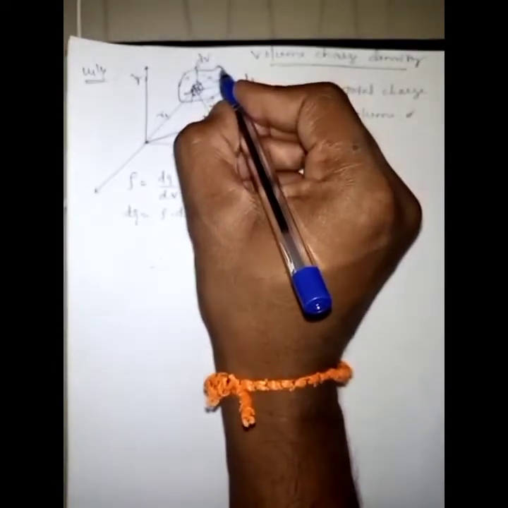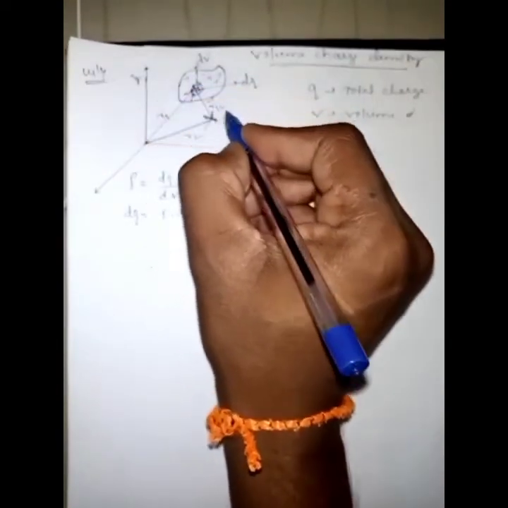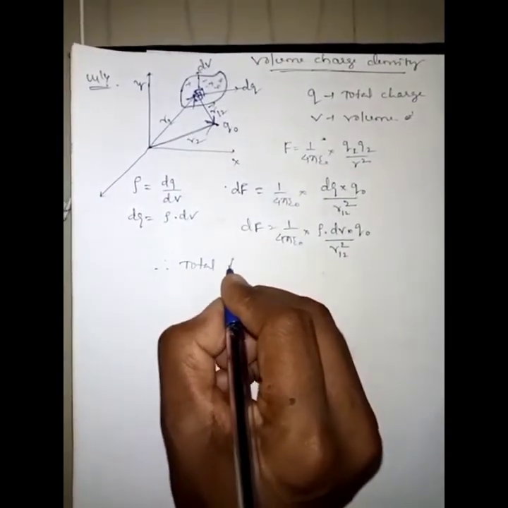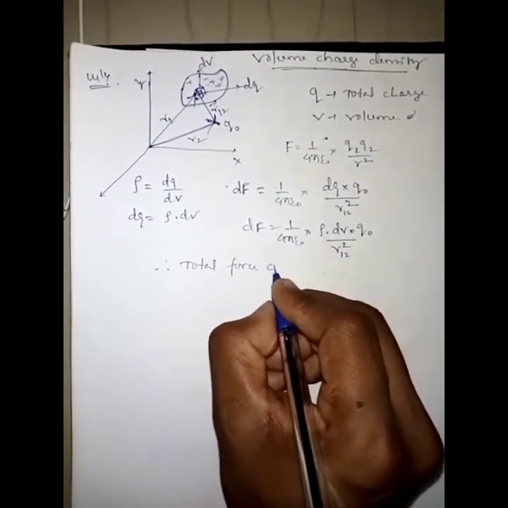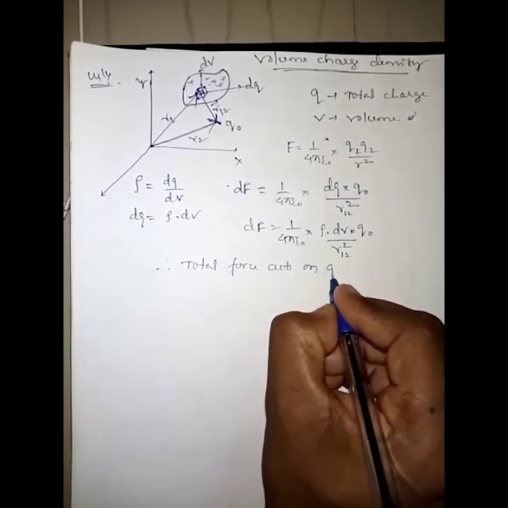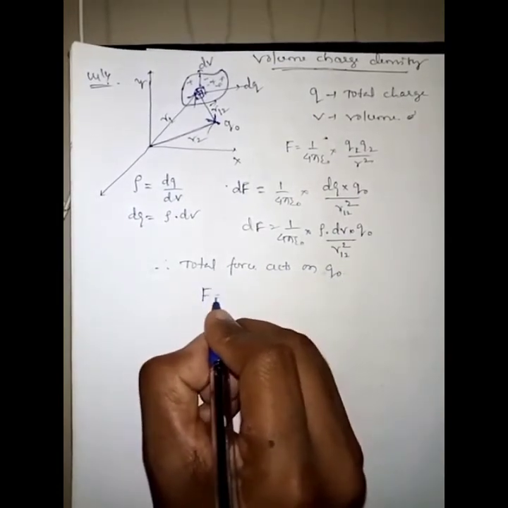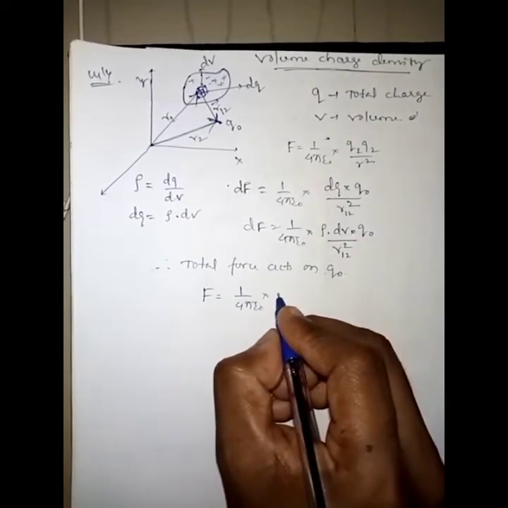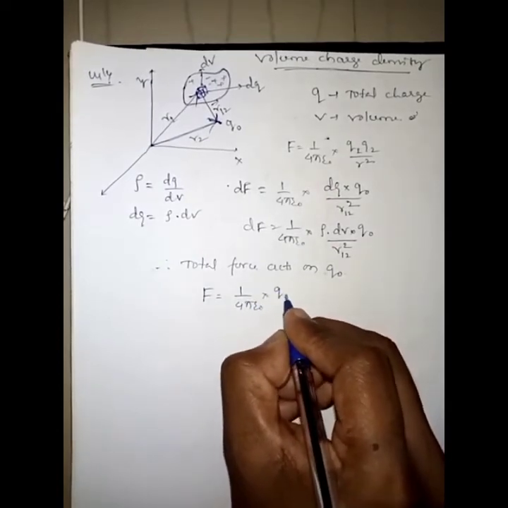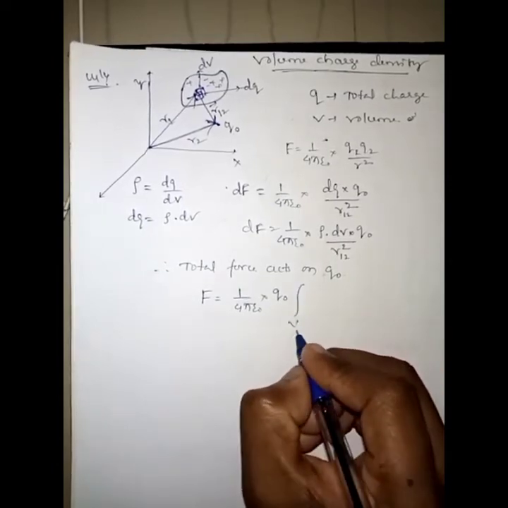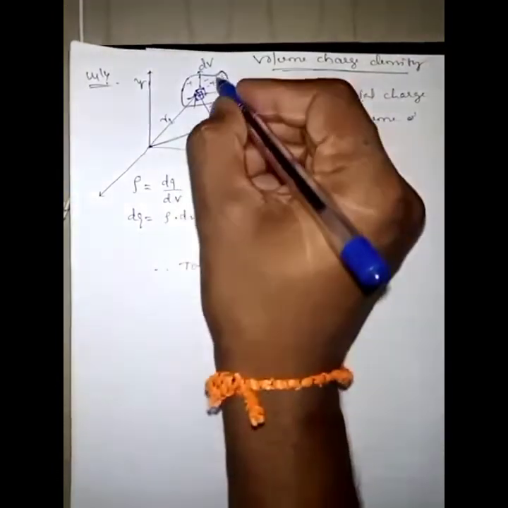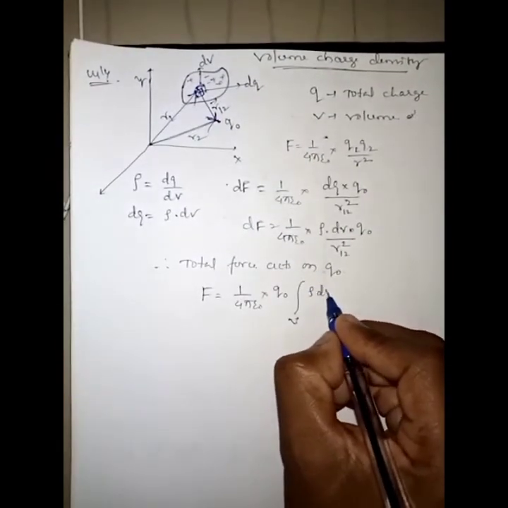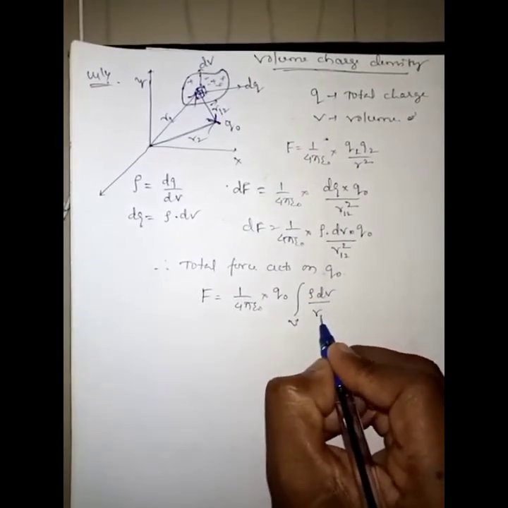Now I can find the total force. The total force acting on the q naught charge is F equals 1 by 4 pi epsilon naught into q naught, integration over the total volume V of rho dV divided by r12 square.